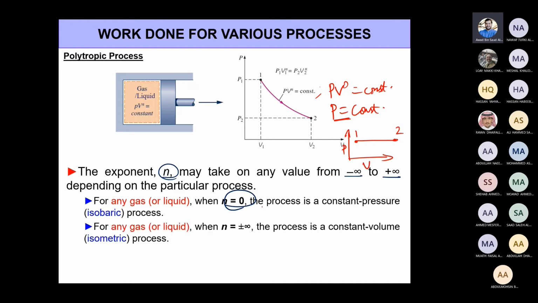Another situation could be, for any gas or liquid that you're considering, n can be plus or minus infinity. So let's look at that. We're talking about pressure times volume, and you start with state 1. We're saying pressure times volume raised to infinity is the constant. Instead of taking infinity, let's just put a very big number, maybe a million. PV^(10^6) is a constant.